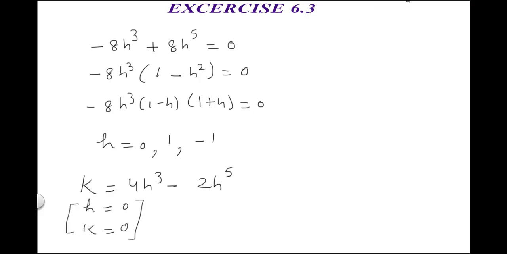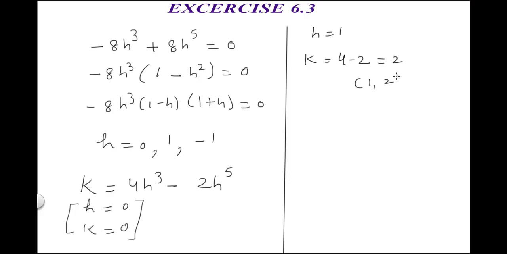The second point: let us just draw a line and solve here only. When h is equal to 1, we will have k equal to 4 minus 2, which is 2. Hence the point is (1, 2). When h is equal to minus 1, we will have k equal to 4 into minus 1 minus 2 into minus 1, so minus 4 plus 2.